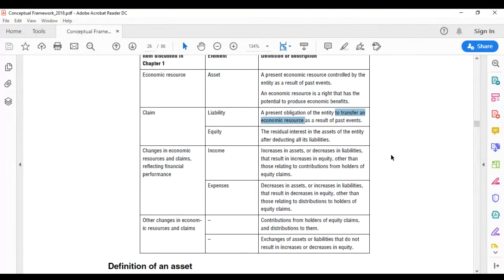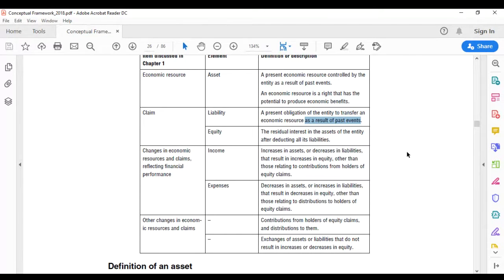You can use, for instance, an old motor vehicle of yours, like we'll see in the third term, as payment for something, right? Or any other kind of assets, but something that represents an economic resource you're going to transfer out of your entity, and again, as a result of something that happened in the past, so as a result of past events.